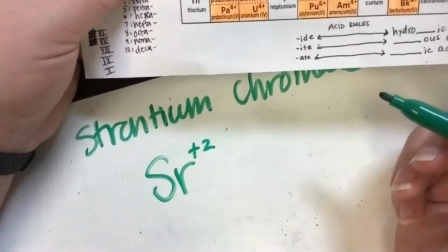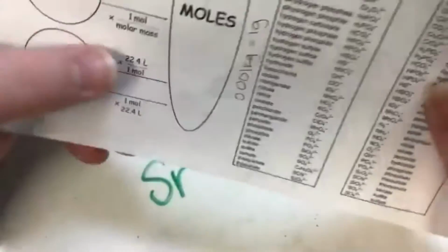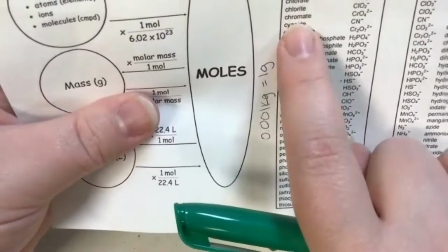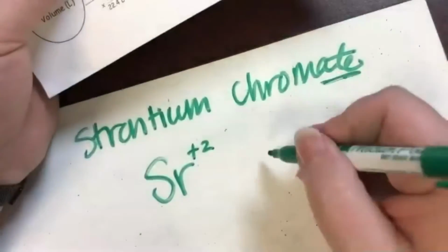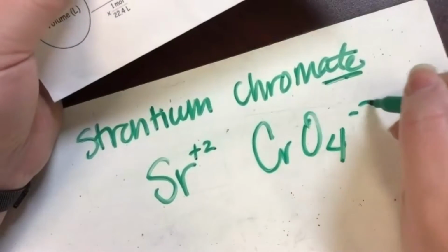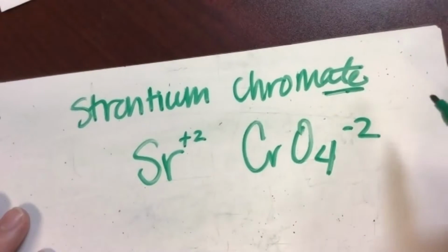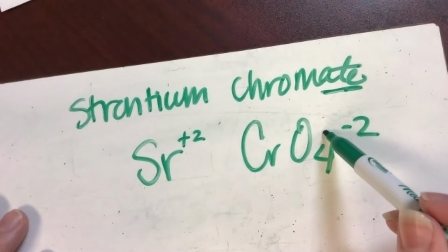Sr plus 2. That's what it says right there for strontium. Chromate says ATE, so it's probably on this list on the back. Let's see if we can find one called chromate. There's one right there, CrO4 -2. As a reminder, I'm hitting on different things every time I do a different question.